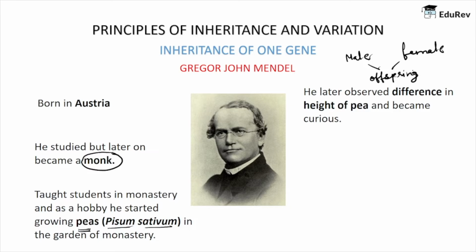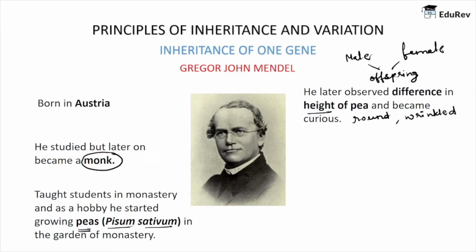But when he observed the peas that he grew in his garden, he saw that the height of the peas was different. Some were very tall, some were dwarf, and some were intermediate. Also, when he looked at the pods of peas, he found that some peas were round, some were wrinkled. He got very curious looking at that, and he didn't know why it was happening.